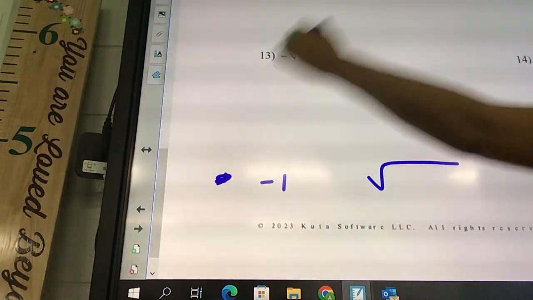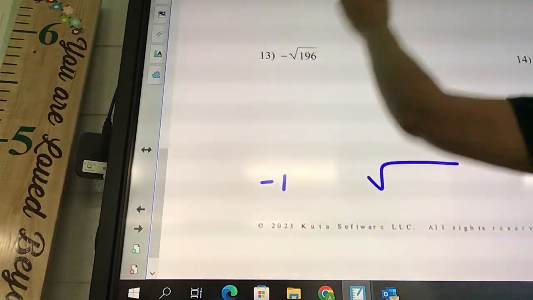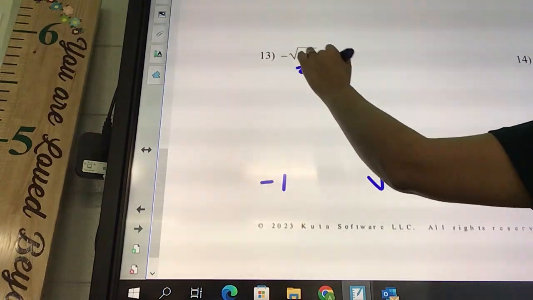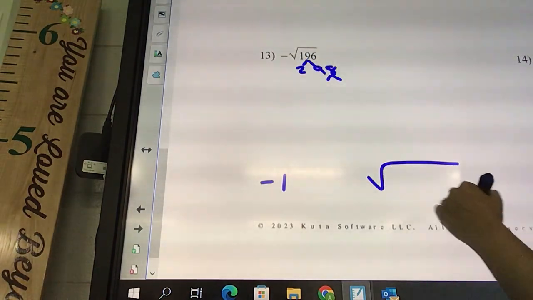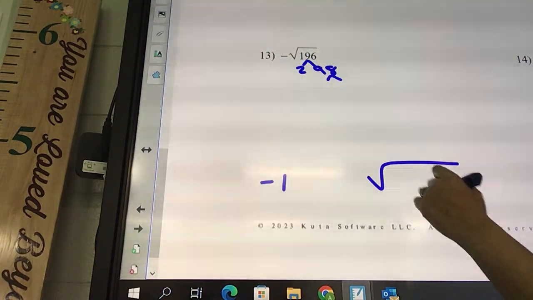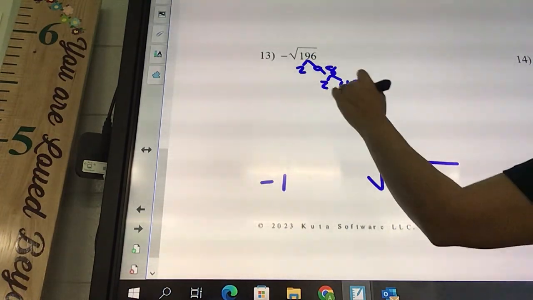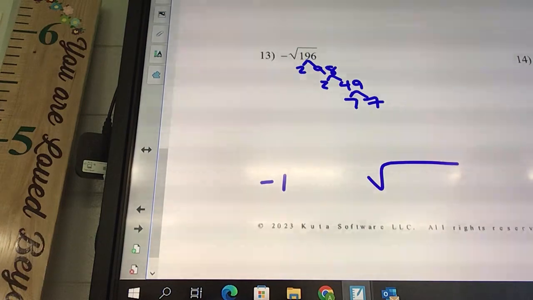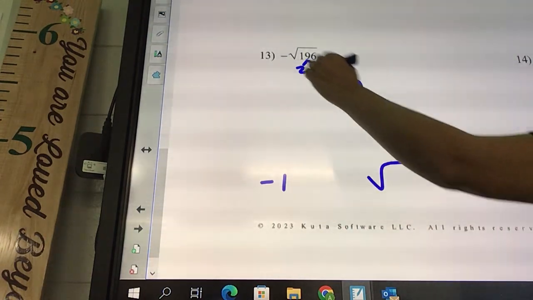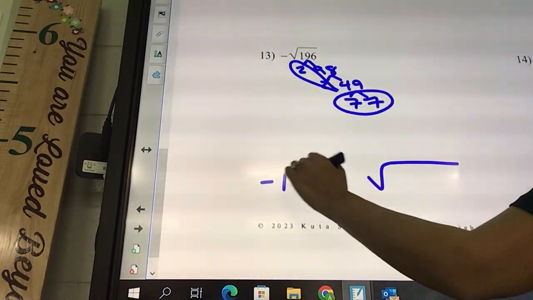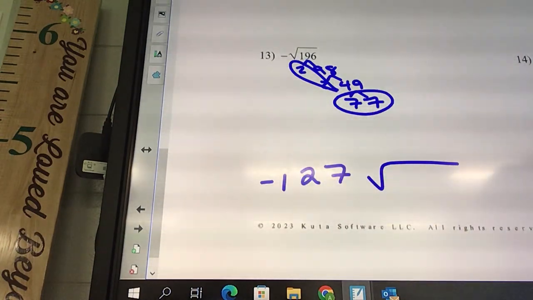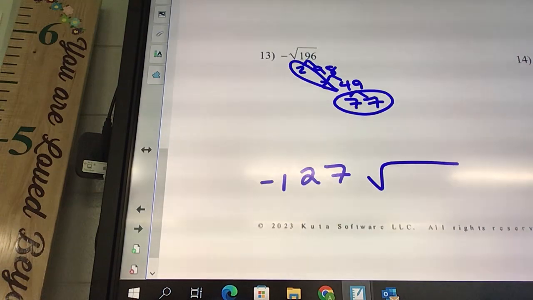Okay, what are some factors of 196? 2 and 98. 98. 2 and 49. 49. 7 and 7. Okay, who can go? A group of 2s and a group of 7s. Who cannot go? Everybody can go.